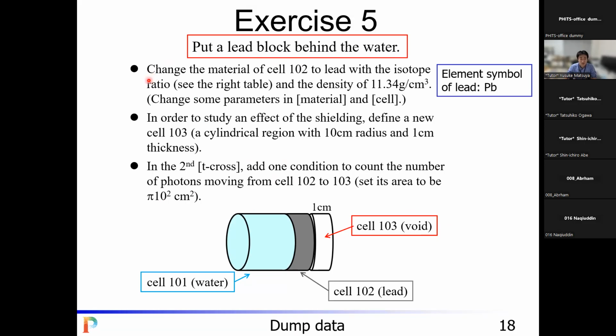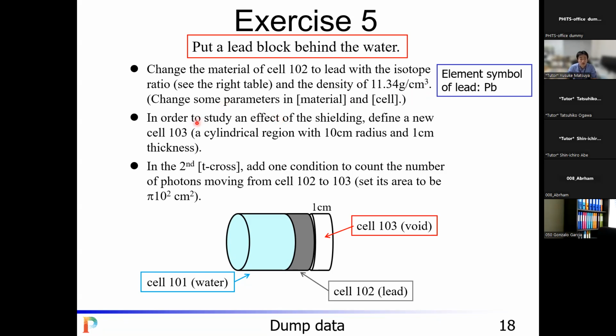The first one, please change the material of cell 102 to lead with isotope ratio. See the right table. And the density of lead is 11.34 gram per cubic centimeter. This means that you need to change some parameters in the material section and cell section.